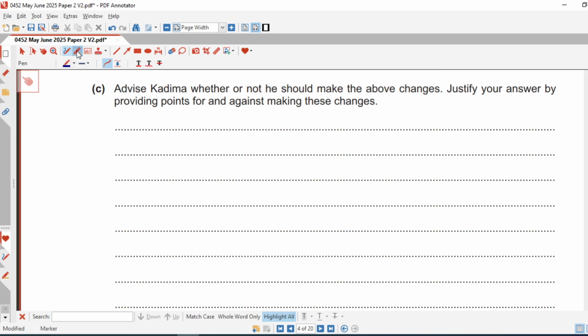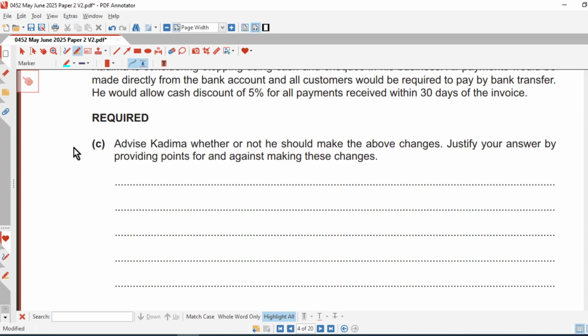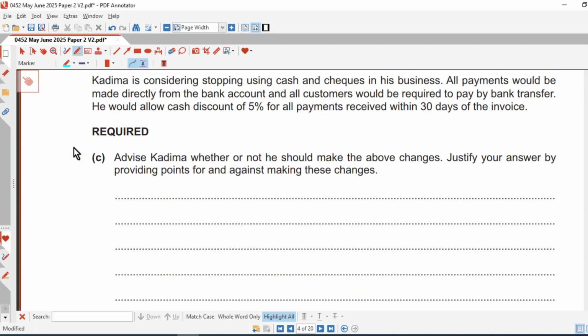So part C will always be a theoretical element, theoretical questions. If you've done enough questions here, you would know this. So Karima is considering to stop using cash and checks in his business.